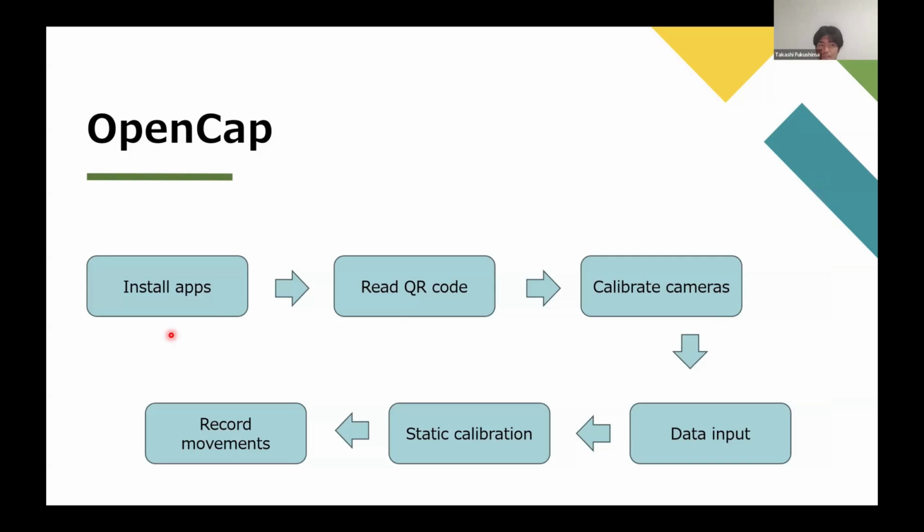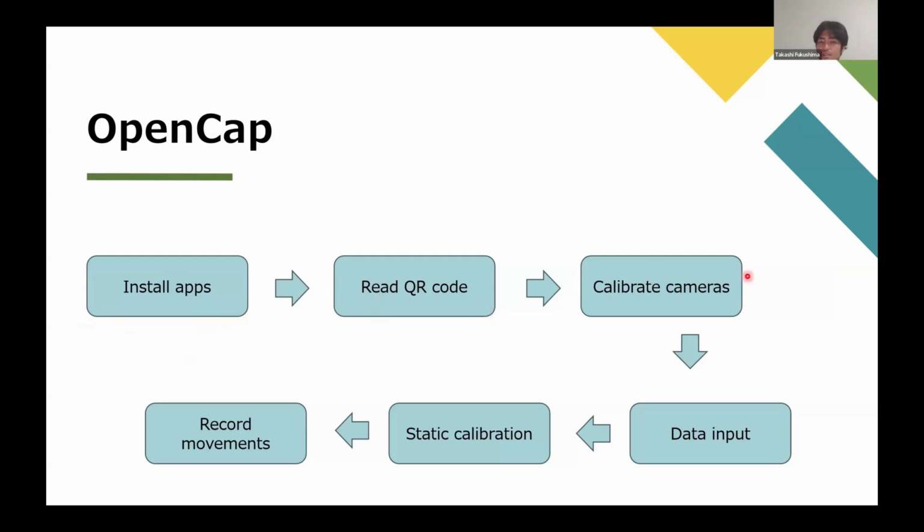There are several steps that you have to go through, but each step is very easy and straightforward. Basically, you just need to follow the instructions on the OpenCap website. First you need to install the applications and scan the QR code, which I will show you how to do.